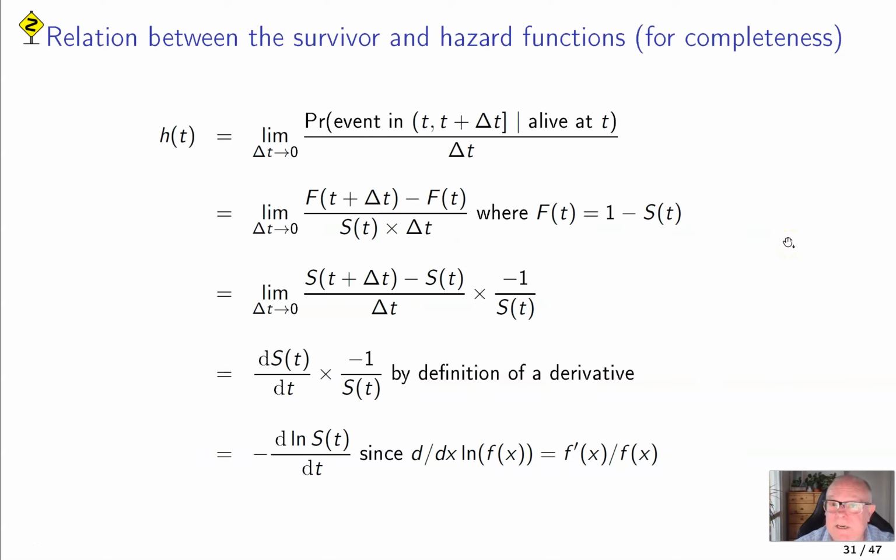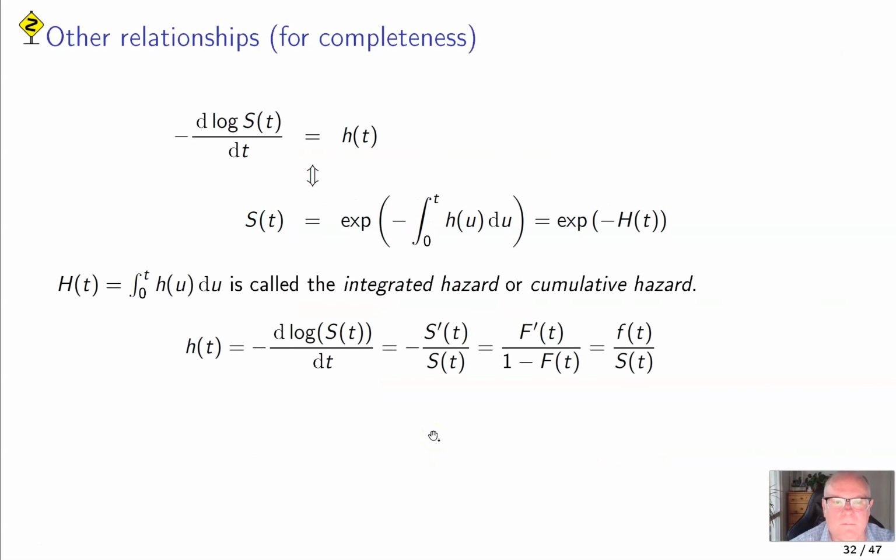Now, there is a relation between the survivor function and the hazard function. I don't expect you to understand the mathematics, but it's here for completeness that if we know the hazard function, then we know the survivor function. The two functions are mathematically related.